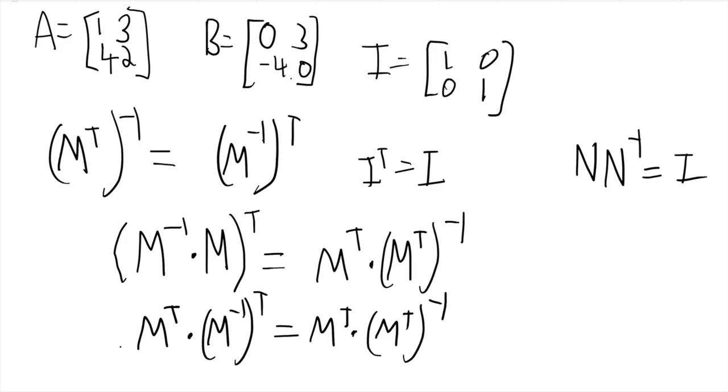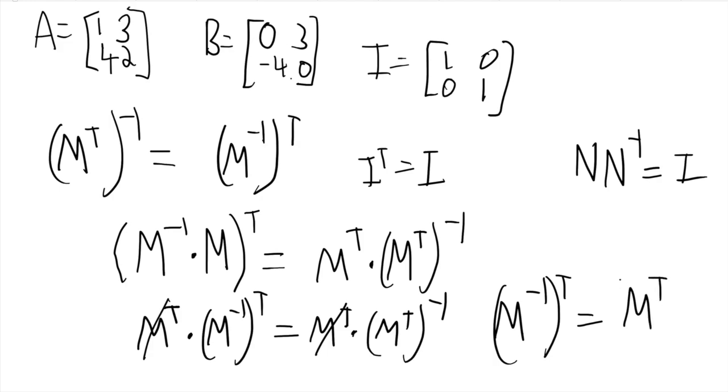And if we then multiply both sides of the equation by M transposed to the minus 1, so the inverse of M transposed, each side of the equation will cancel out, and we will be left with M to the minus 1 transposed is equal to the transpose of M and then the inverse taken.